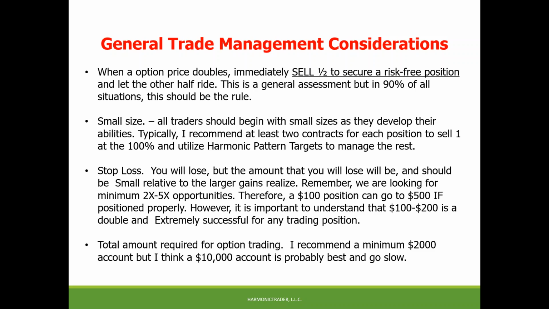Other consideration, small size. Start with small sizes. Maybe 2 contracts: keep one, sell one, automatically manage the other one. You can increase your contracts after you win 5, 7, 10 trades, but only until that time. But go slow.